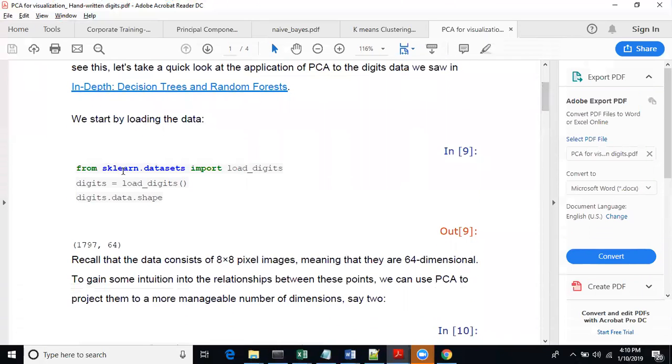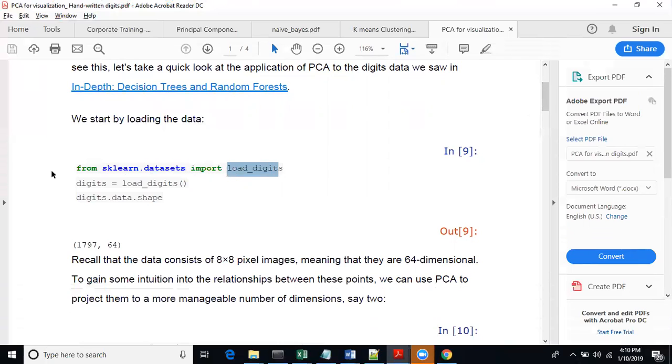So from sklearn.datasets import load_digits. This dataset contains many handwritten digits from 0 to 9. Just like on paper, if I put 0 to 9, you write the 9 and I write 9, it will be a little different.